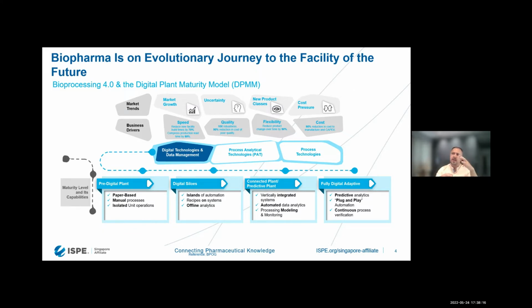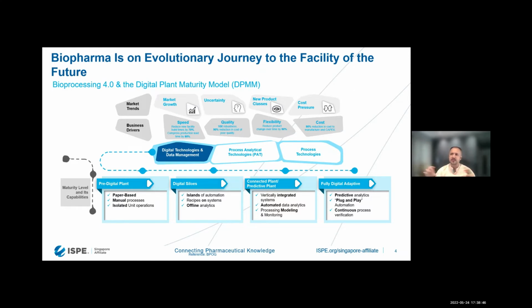Given the market trends and the business drivers, which is basically the need, and given the frame of DPMM level 1 to level 5, this is again an initiative from us. We are coming up with three broad areas: one is digital technologies and the data management segment, the other is process analytical technologies, and the third is improving the process technology.